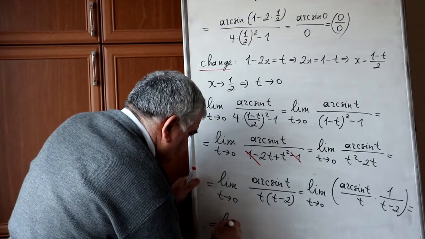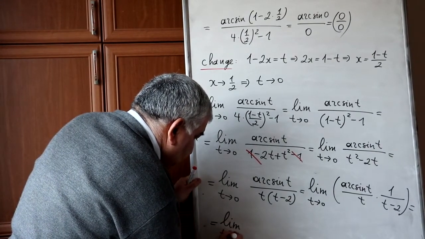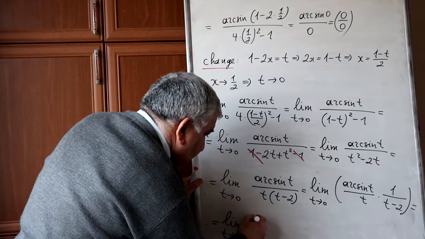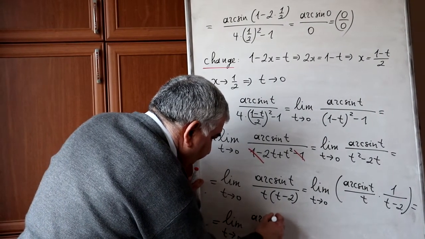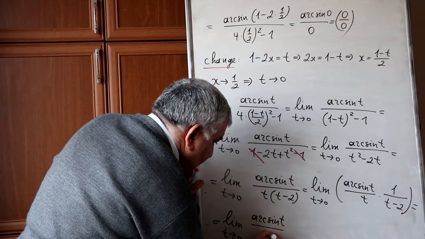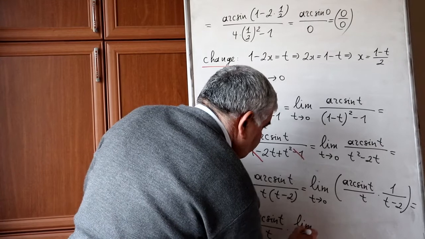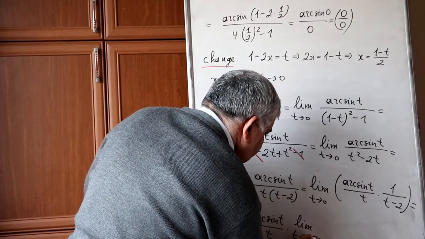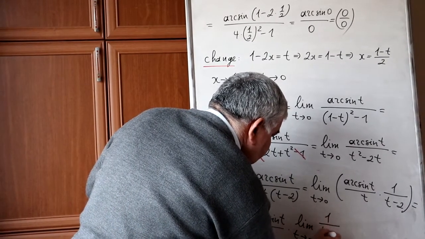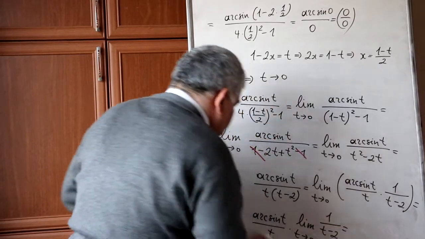Limit when t tends to 0, arcsine t over t, multiplied by limit when t tends to 0 of 1 over (t minus 2).